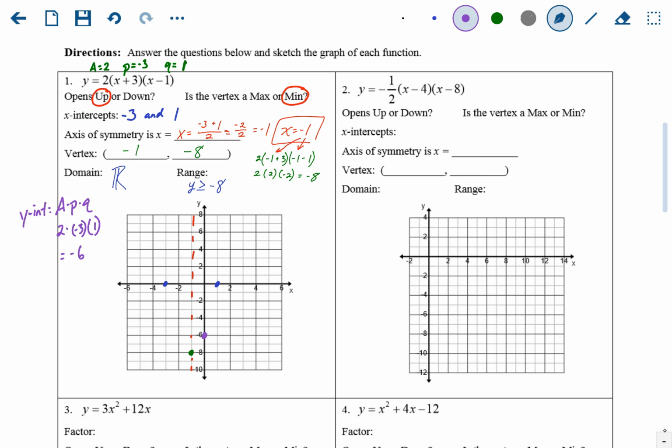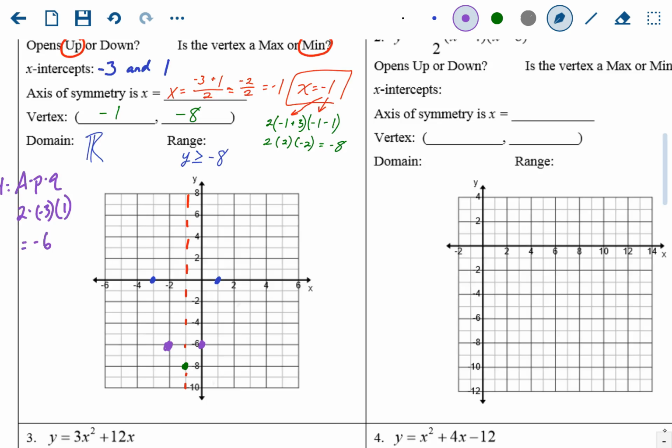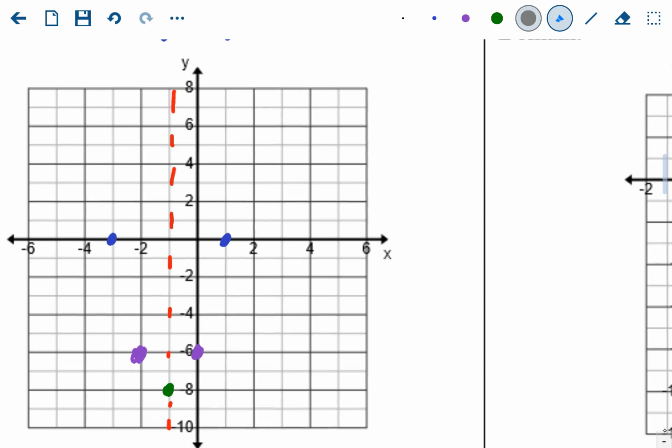So if we graph the 0, negative 6, we could also go on the other side. Mirror it. Alright. 5 points. Graph parabola. Yeah, it's not that bad.